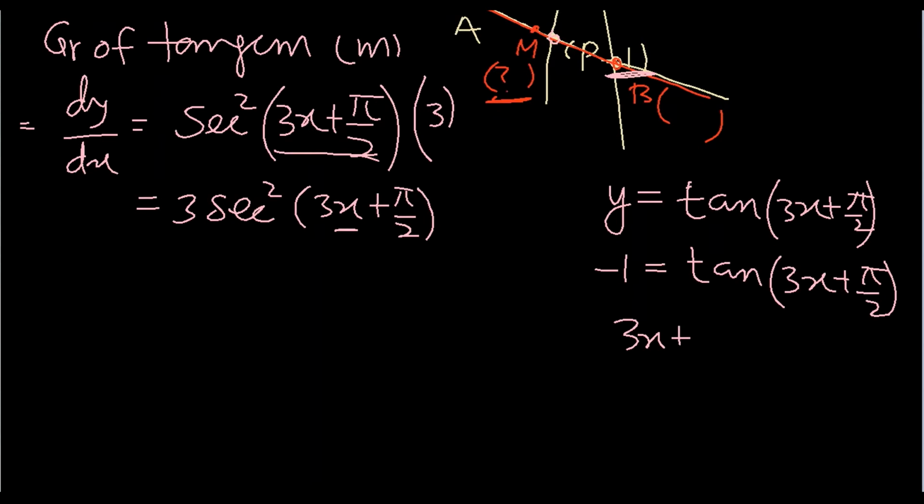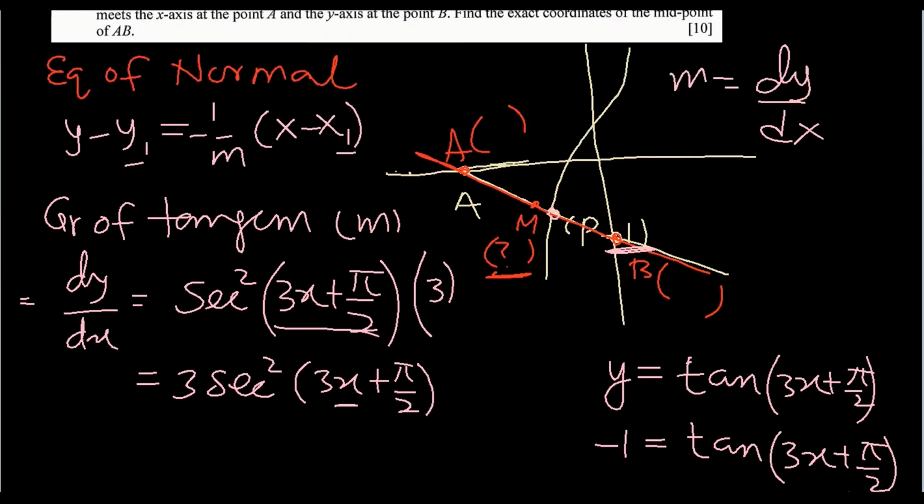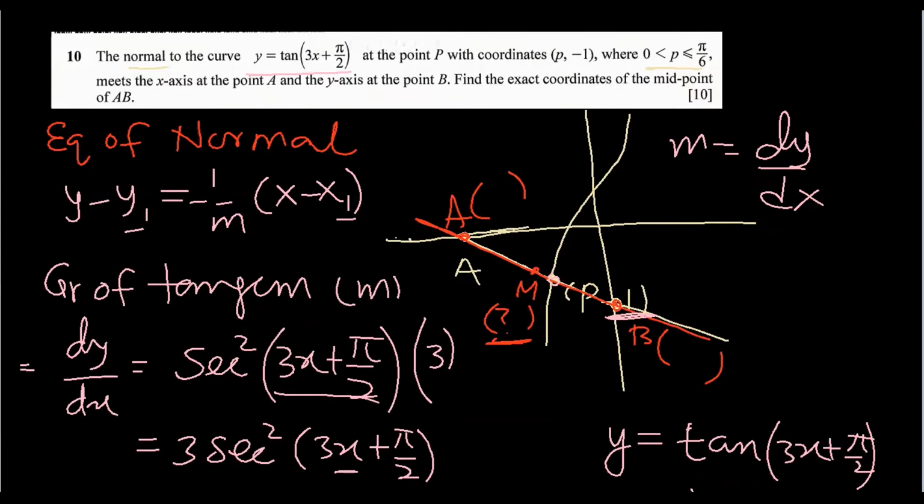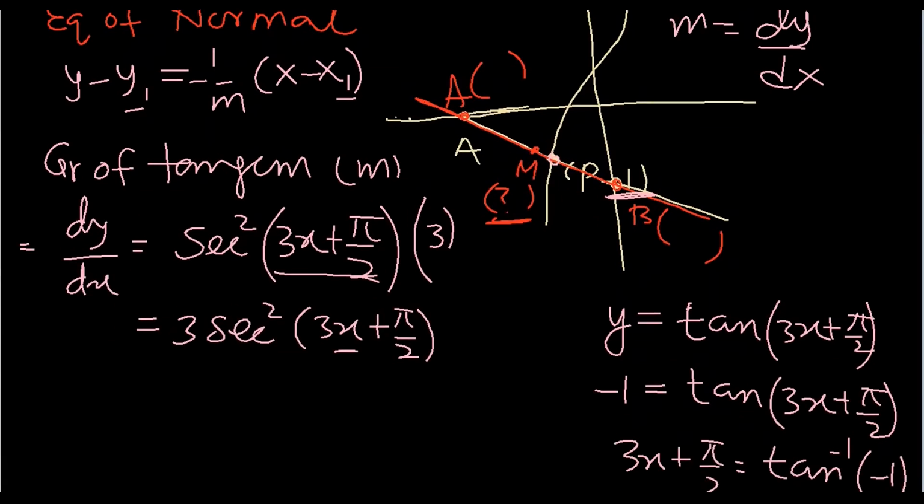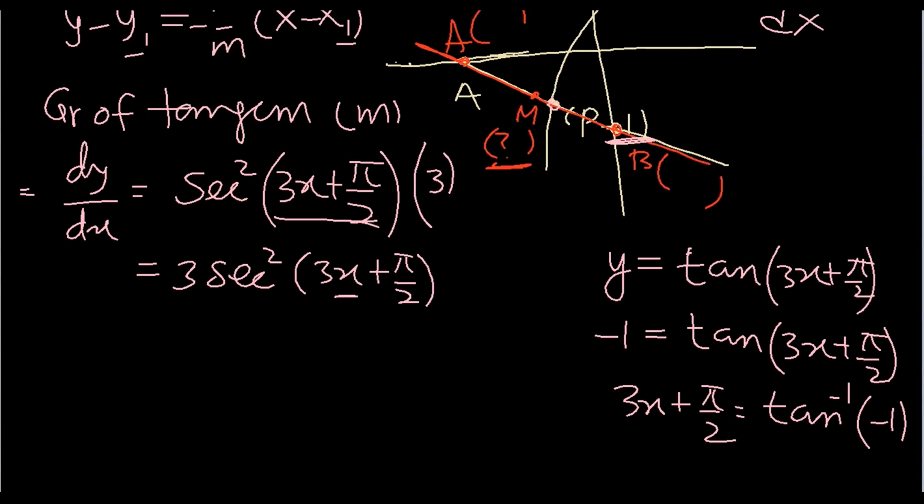So 3x plus pi by 2 is tan inverse of minus 1. Since x is between 0 and pi by 6, let's use the quadrant closest to this range where tan is negative. Tan is negative here and here, so this will be the quadrant we use because it is closest to 0 to pi by 6.